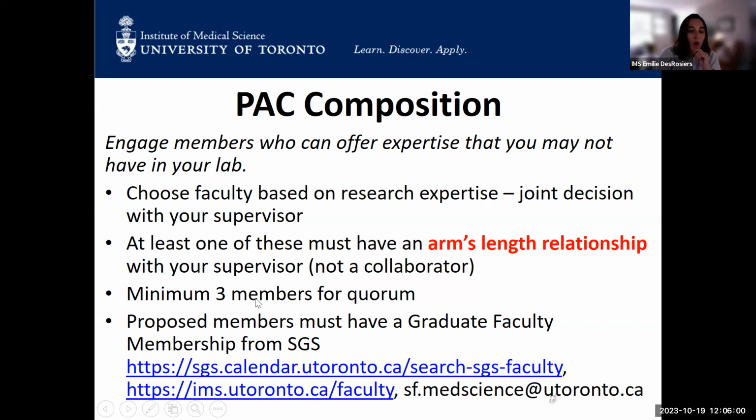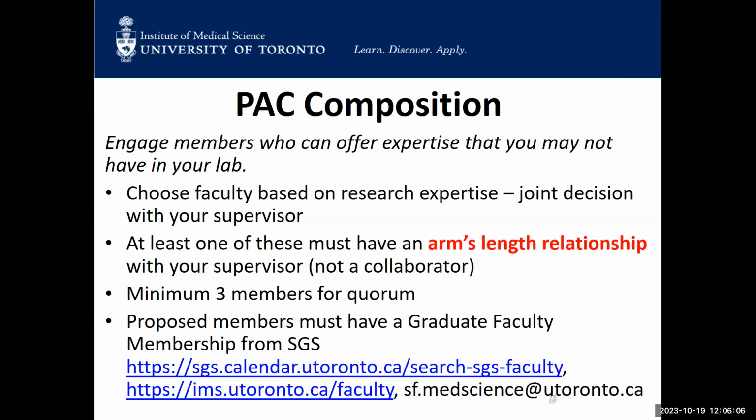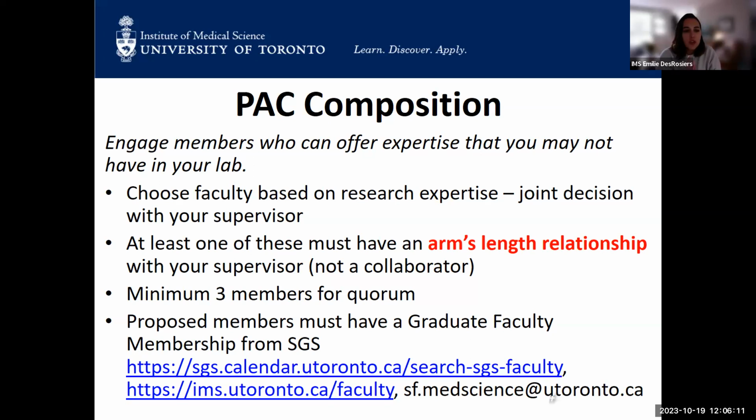Also, all members of your PAC must have an active graduate faculty membership from the School of Graduate Studies at U of T. You can check, there's a link here, and I'll also put it in the chat.